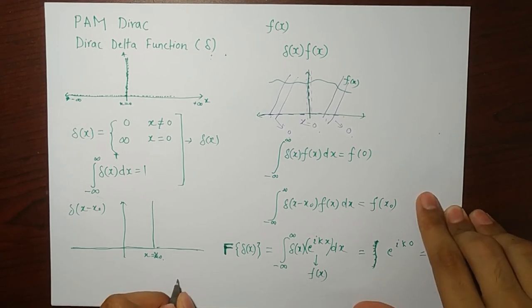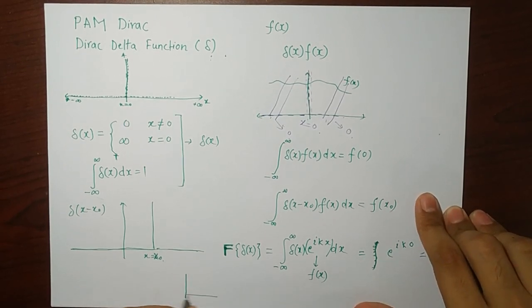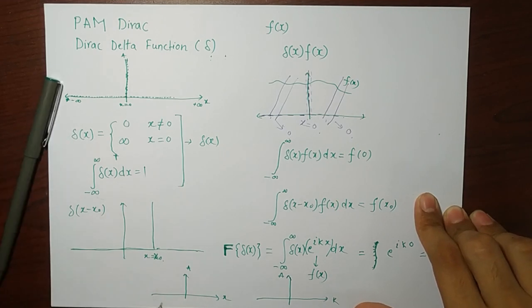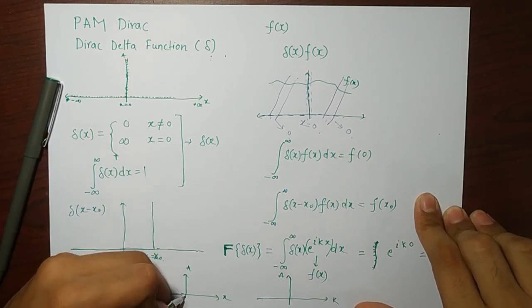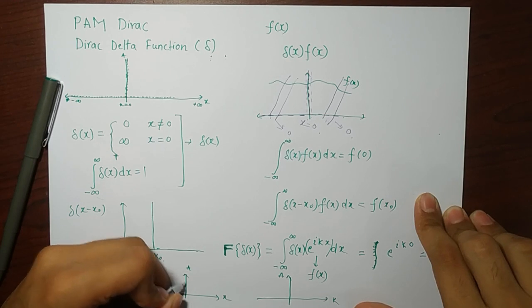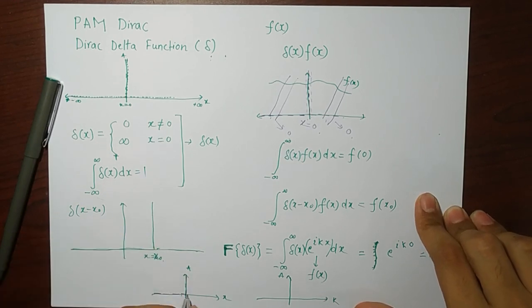So you can feel that if this is your x-axis and this is your amplitude, and this is your k-axis with amplitude, then this is defined by this particular function. This goes till infinity here at x equals 0, and then it comes back.